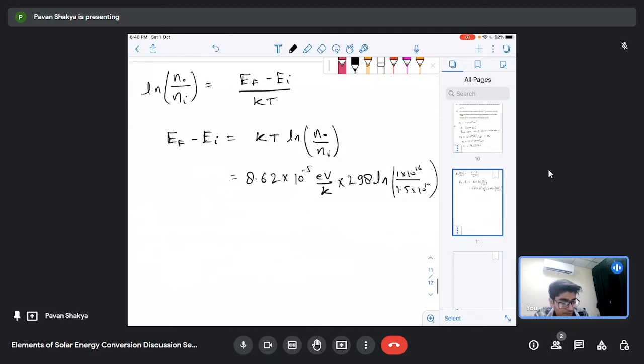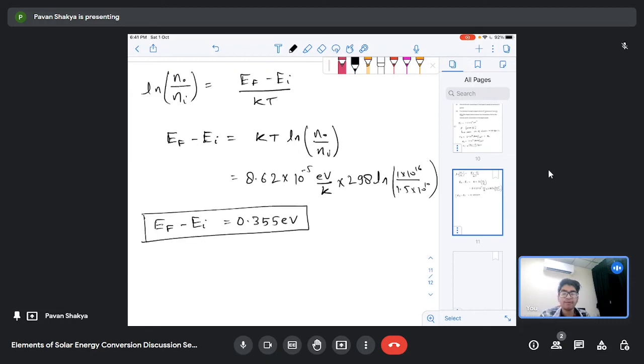When you solve this, you will find that Ef minus Ei comes out to be 0.355 electron volt. From this data we can see that the value comes out positive.